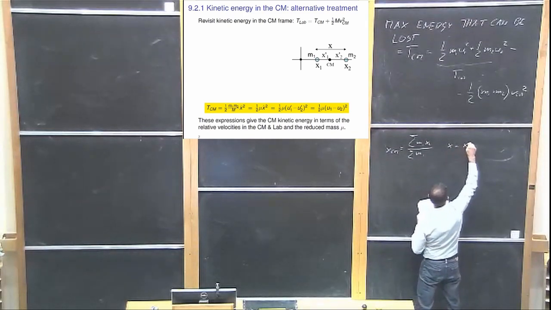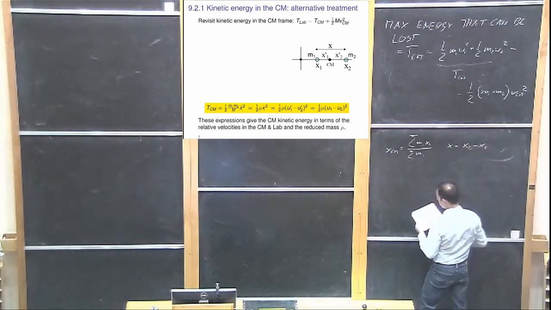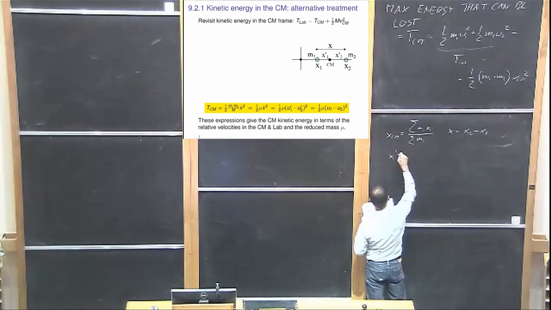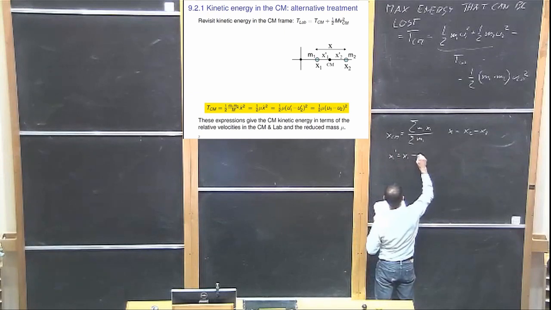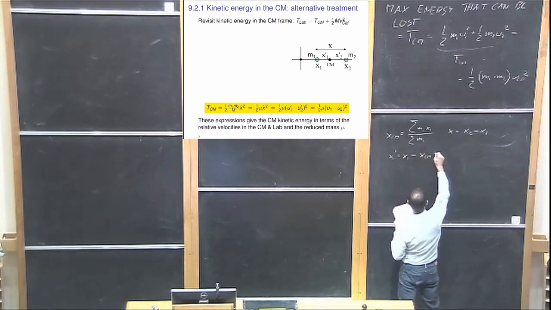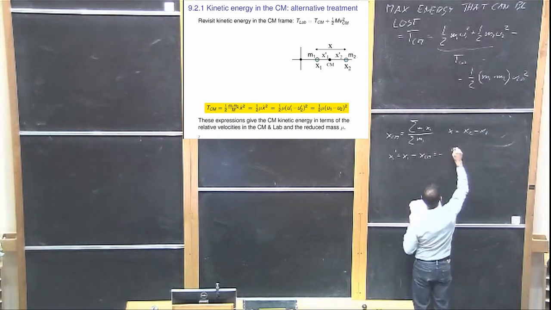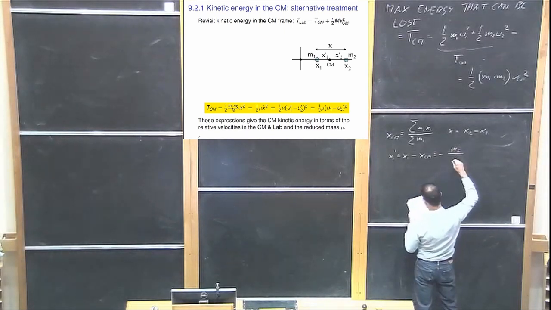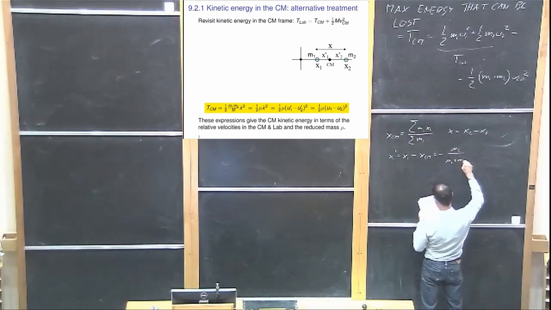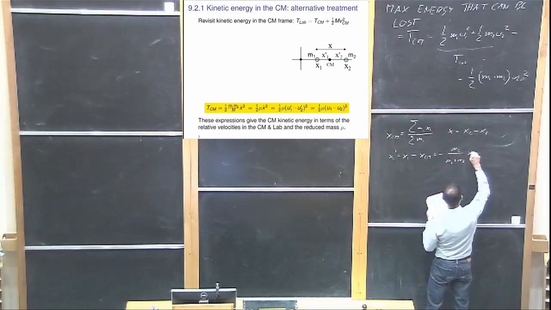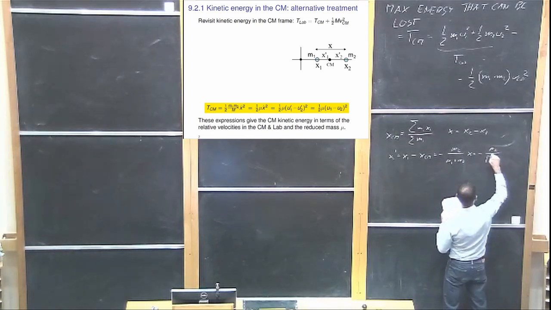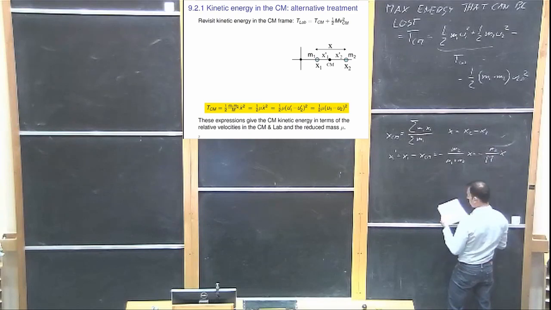X equals x2 minus x1. And x1 prime equals x1 minus x_CM, which becomes minus m2 over m1 plus m2 times X, equals minus m2 over big M times x.